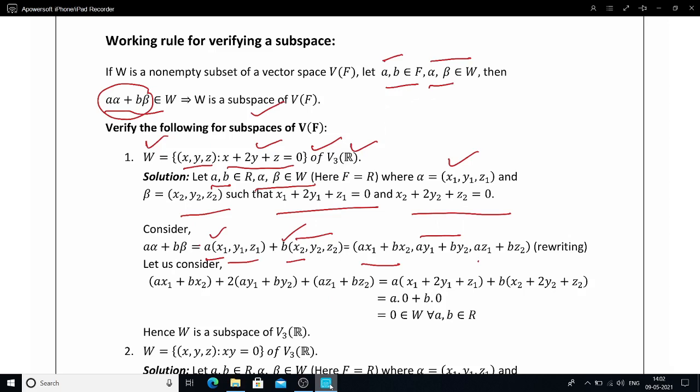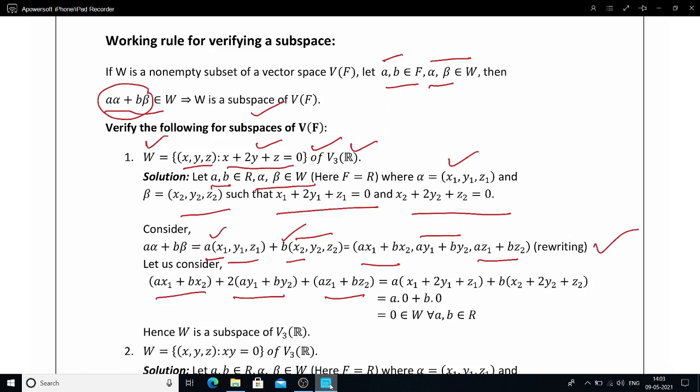Rewriting the statement. The condition says first element plus 2 times the second element plus the third element, that is the last element, and the sum of these should be 0. First element here is ax1 plus bx2, 2 times the second element plus the last element.